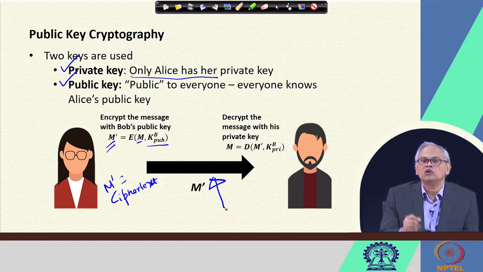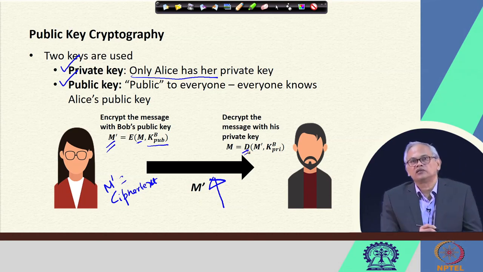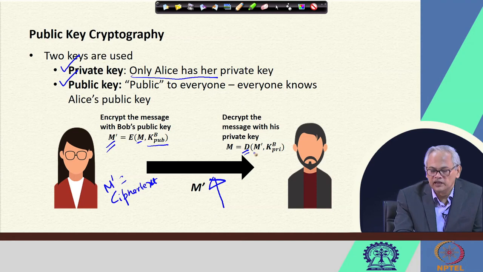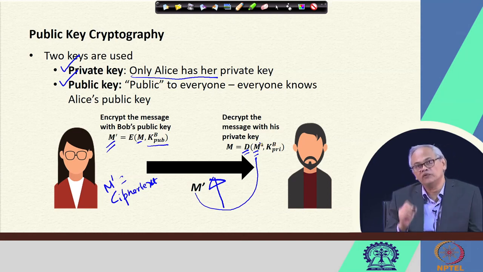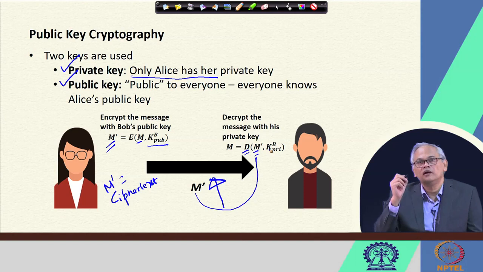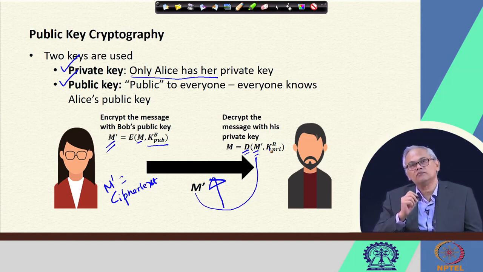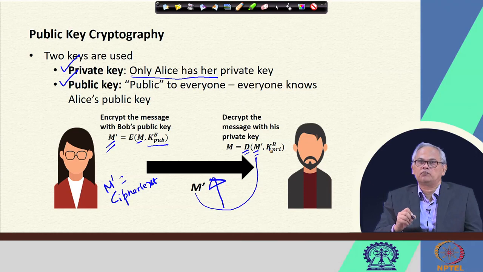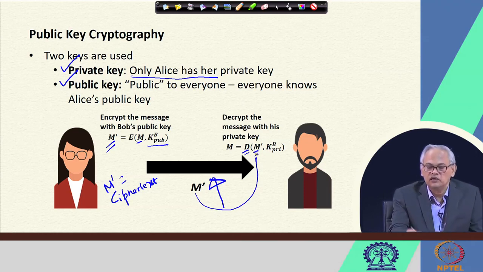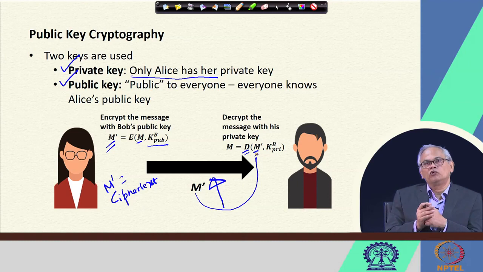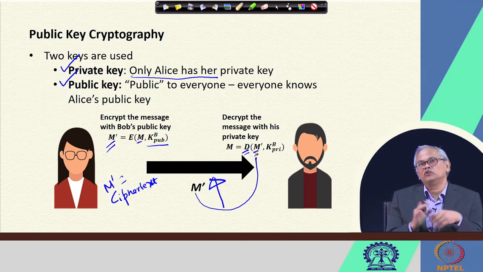It can be done only by decryption using the function D, which takes as input the ciphertext M prime and also the private key of Bob, K B superscript and pri as the subscript. Now, who knows the private key of Bob? Only Bob knows the private key, and using that private key and M prime as input and applying the decryption function, Bob can get back the message M, which is the plain text.